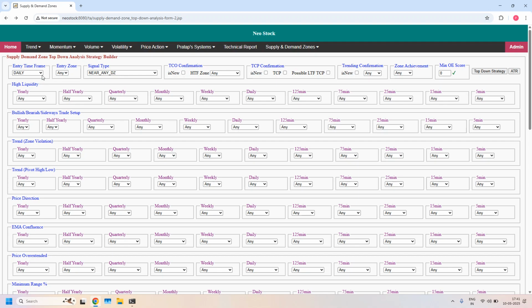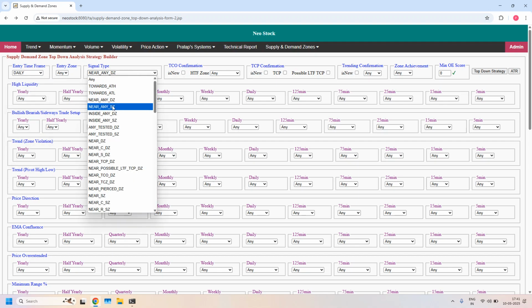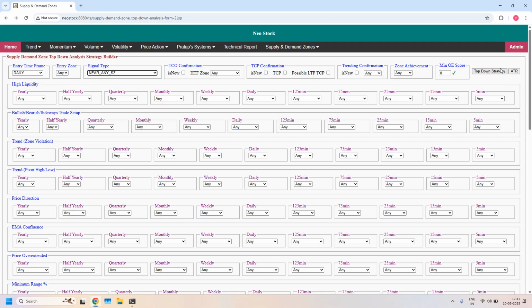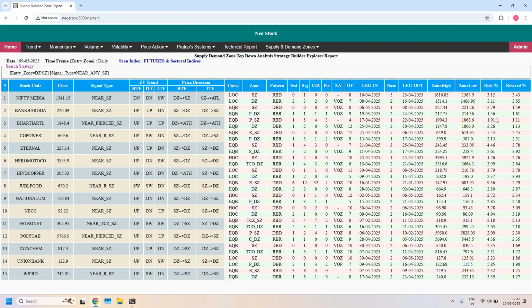Okay, next. For daily time frame, let us find the stocks near to the daily supply zone. We got 15 stocks. And from this list, let us identify daily high liquidity supply zones. Bharti Airtel is having a, not Bharti Airtel, this is CG Power. CG Power is having a daily high liquidity supply zone.